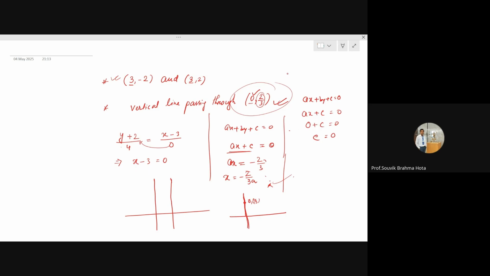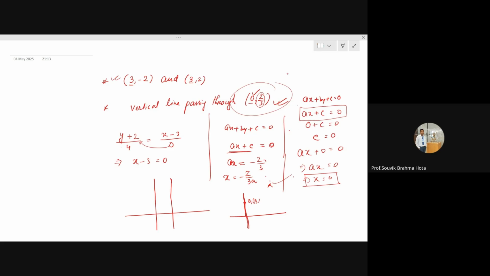Now c becomes 0, and in the previous equation, ax plus 0 is equal to 0. So therefore ax is equal to 0, or x is equal to 0. That is the answer.